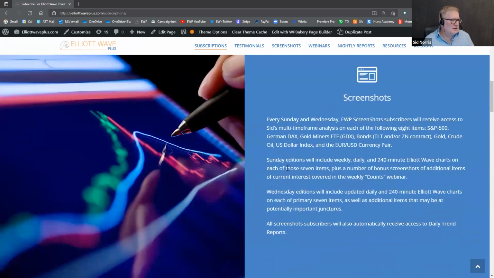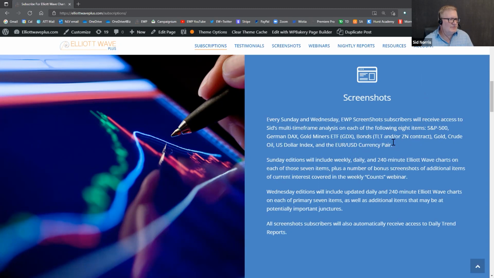Then the next level up is EWP screenshots. It's $70 a month. That includes screenshots on a number of tradable items. Those screenshots are time frame screenshots. So weekly, daily, 240-minute on many of the S&P 500, Dow Jones Industrial Average, NASDAQ. There are quite a bit more items than what I actually promised to show.